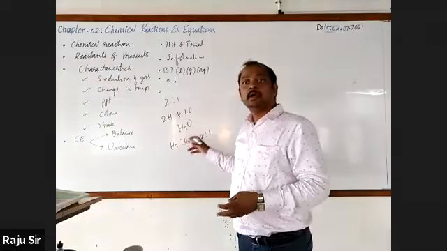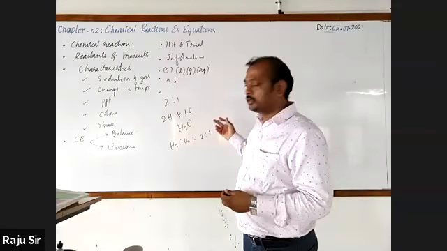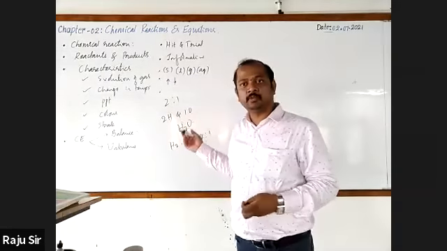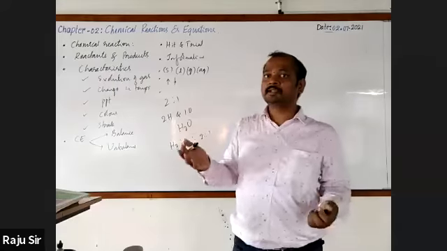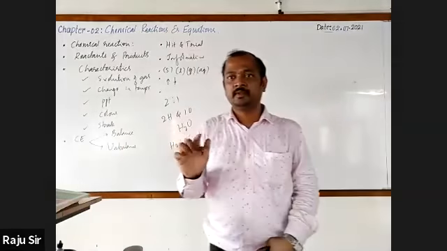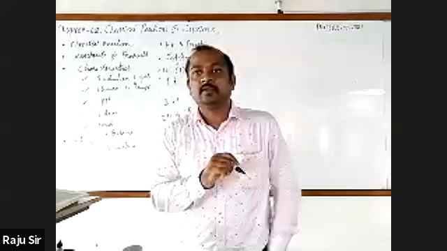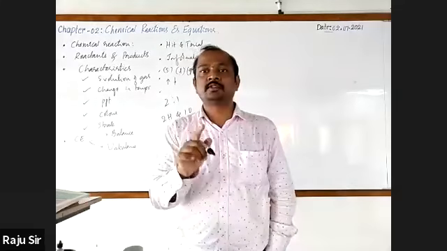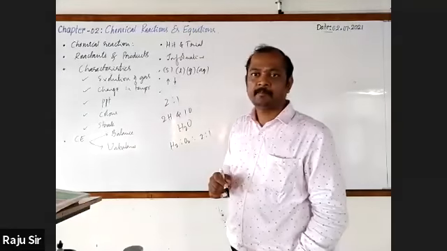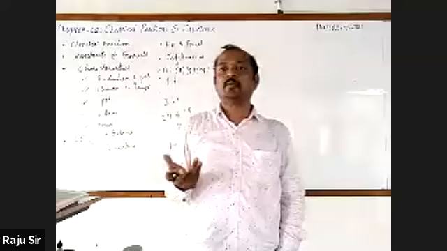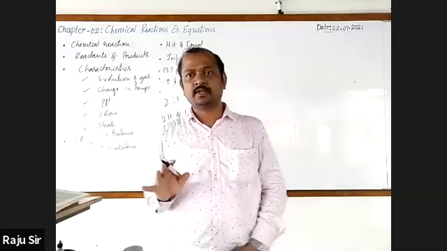The number of atoms is the same, 2:1. Even in volume it is the same, but mass is different. What is the ratio of hydrogen and oxygen by mass? 1:8. Very good. It will be 1:8.